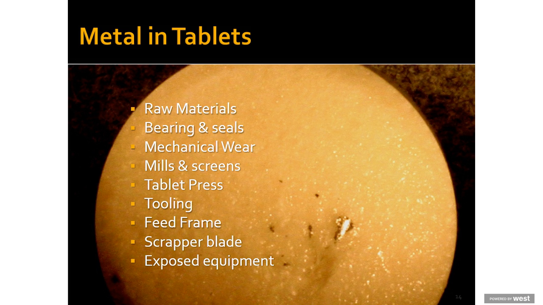We get metal from lots of things: mills, feed frames, or scraper blades. And so the question always is, when do we change a scraper blade? Some companies will only change it every batch. I think the right answer, for any of these things, is when they need to be changed.